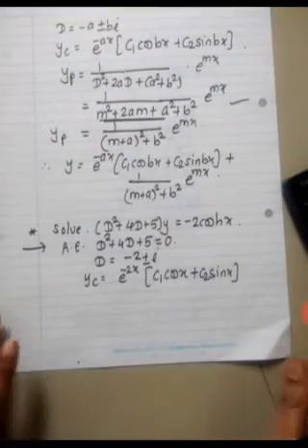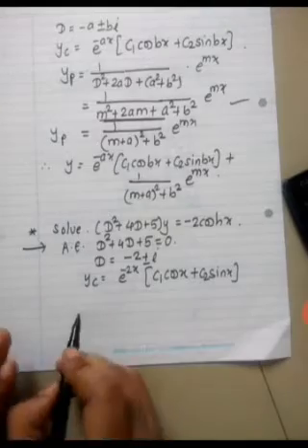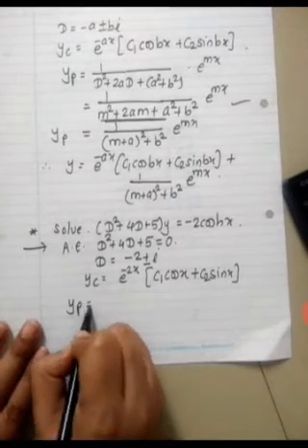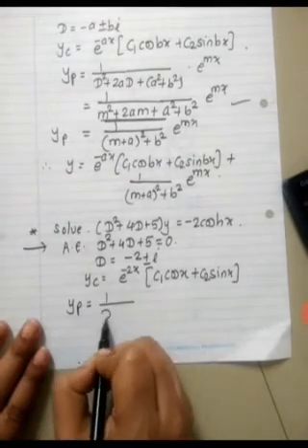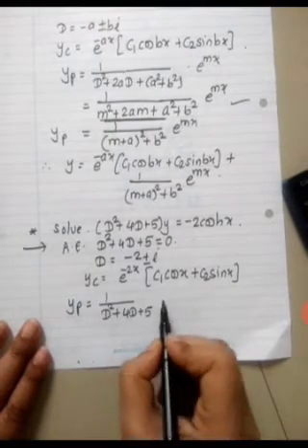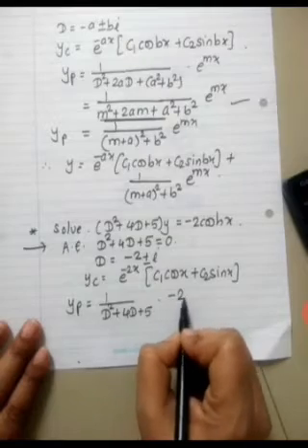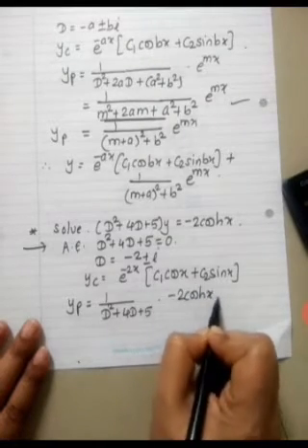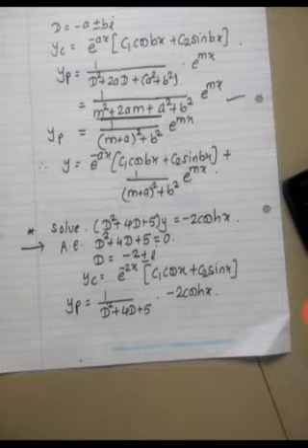Okay, then we'll go to yp. Yp is 1 upon D square plus 4D plus 5 into minus 2 cos hyperbolic x. Now, can you tell me how to solve?